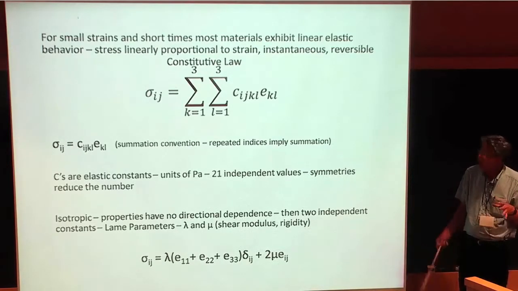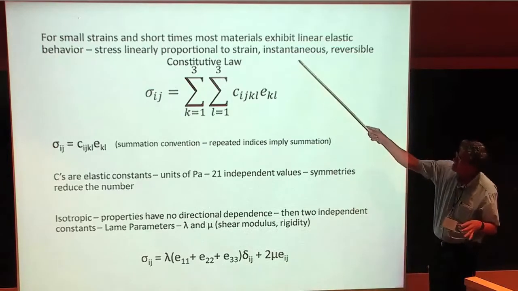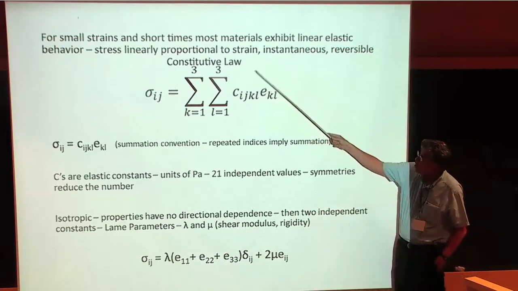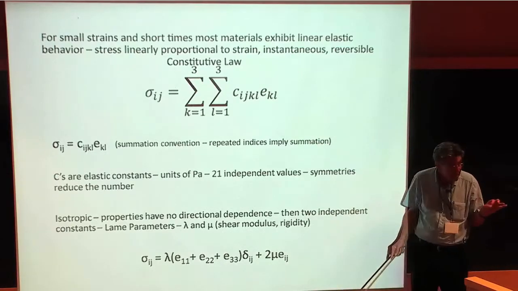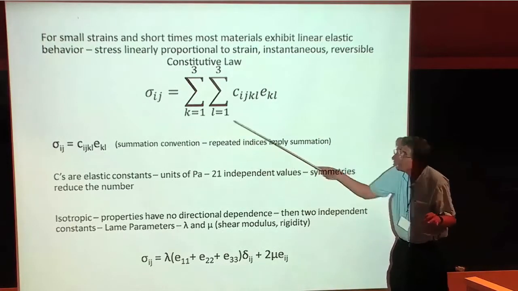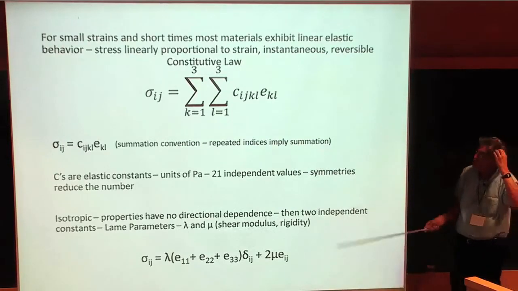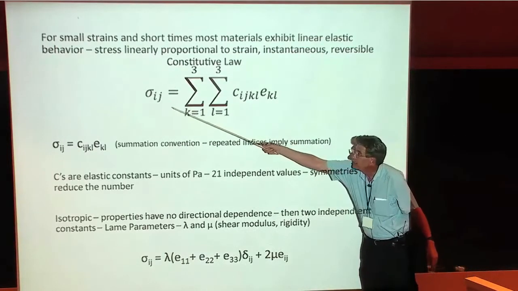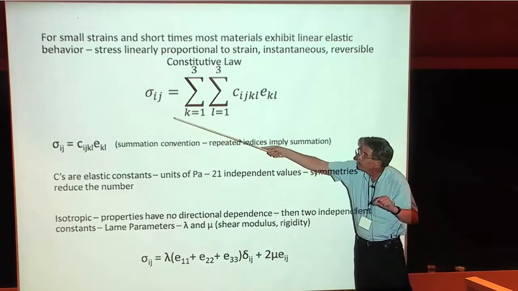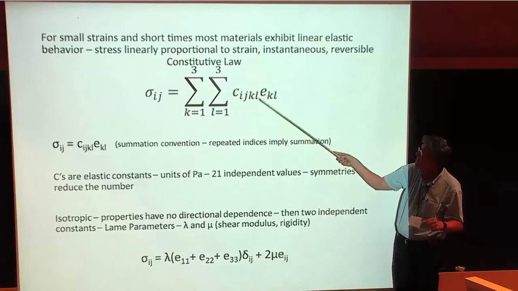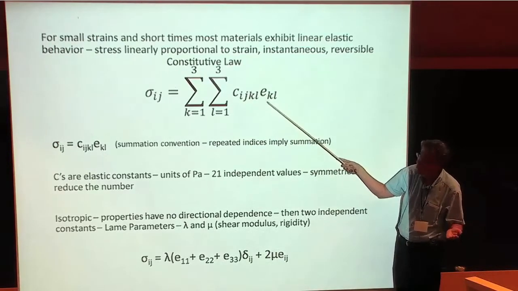So always in seismology, or almost always, 99.9% of the time, we assume linear elastic behavior. An equation to say just what those words say is that any stress, sigma ij, where i can be 1, 2, 3, and j 1, 2, 3, is equal to some constants times strain, e11, e12, e13, etc.